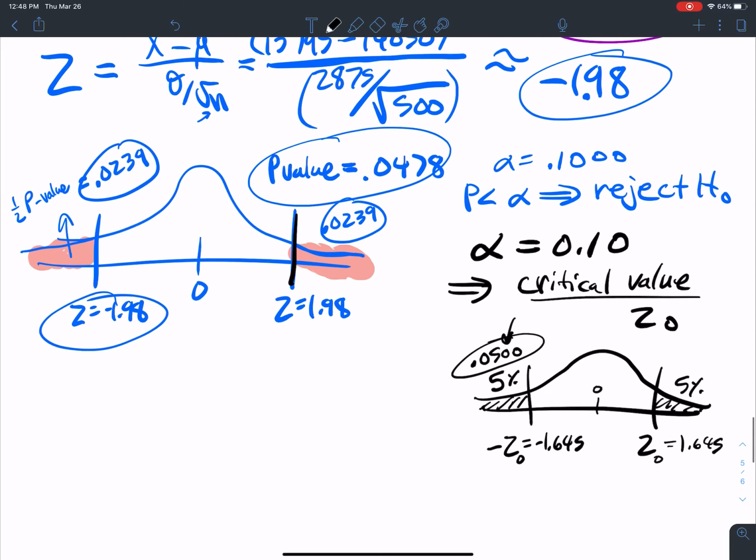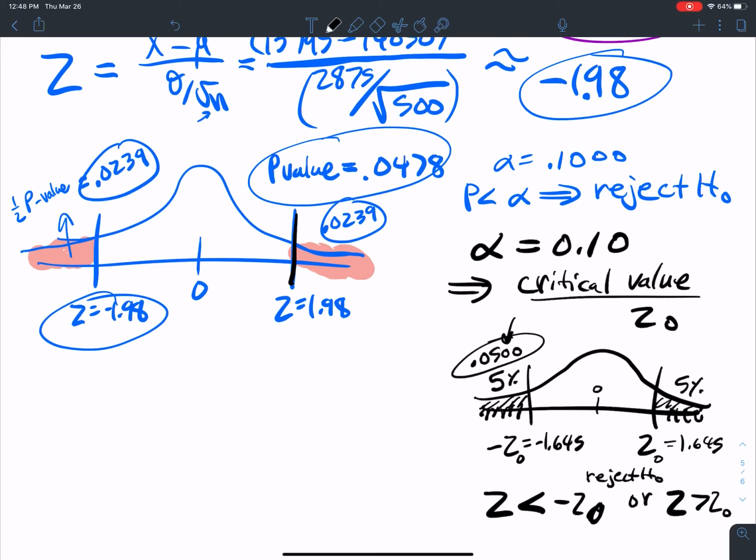Okay, so the rejection region is any z that's less than negative z naught, or any z that's greater than positive z naught. Then I would reject.